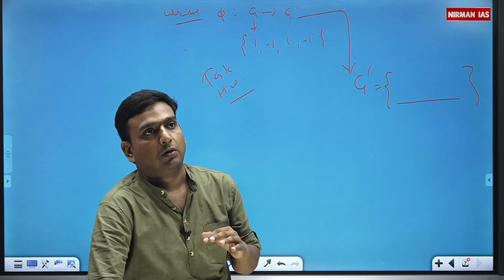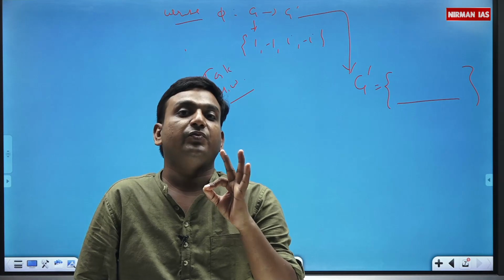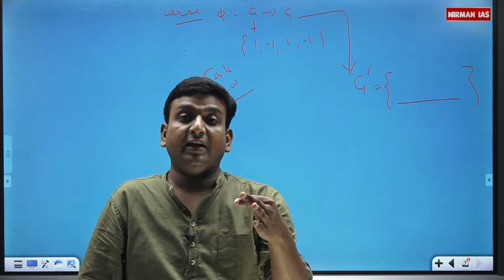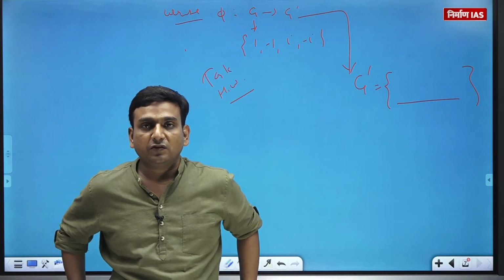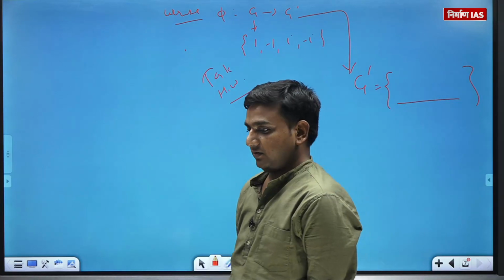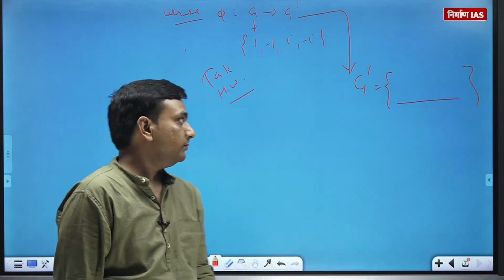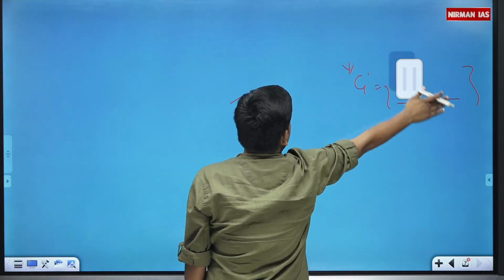Now, what I wish to do is the first isomorphism theorem. After that, we will again land up on how to find possible homomorphisms. That question, this 21, they have also asked in CSE. Chal.